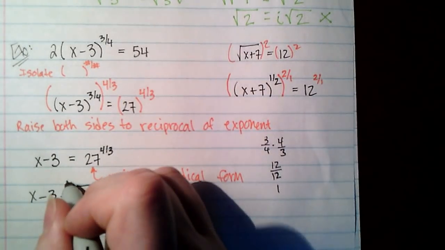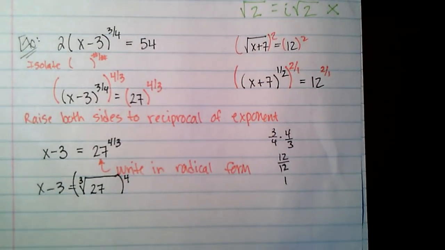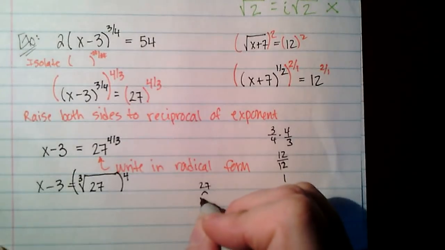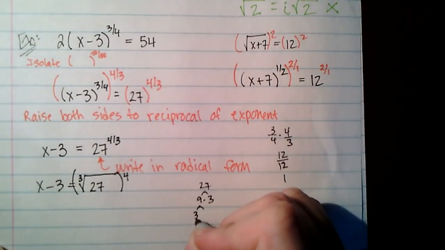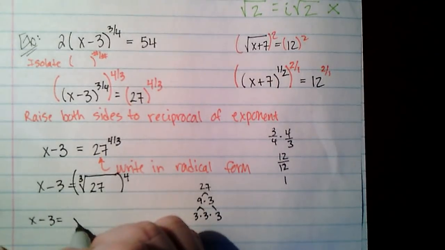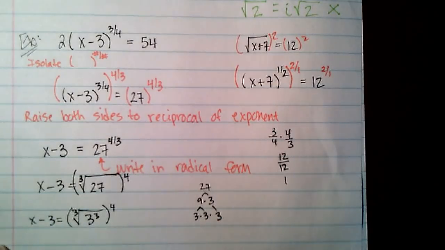And then what we've done in the past is raise the whole thing to the numerator, which is a 4. Now we'll simplify this radical. So 27 is 9 times 3, which is 3 times 3 times 3. So x minus 3 equals cube root of 3 cubed, to the 4th power.